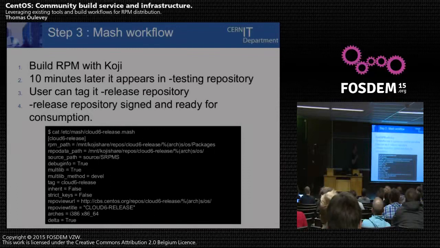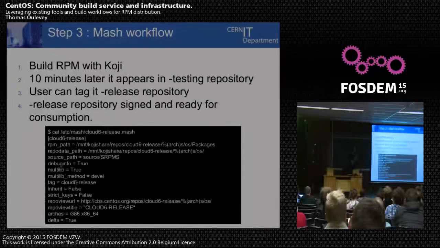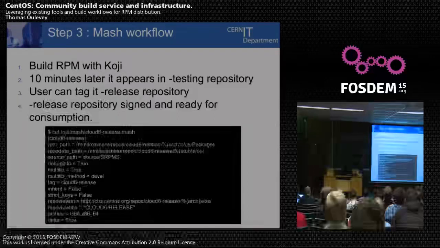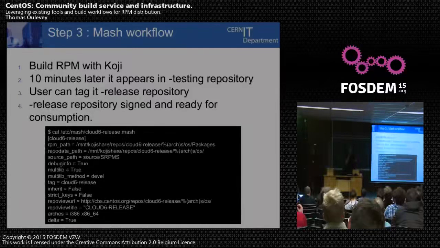You can build something, then test it, install it on your dev machine, and so on. And when you're happy, you can tag it to a new tag, the dash release tag, and it will appear in the dash release repository. It's not automatically signed yet. We are working on that, so I hope we get that soon. But we already sign it manually and push it to a different server. If you want the details, I can show you a bit later.